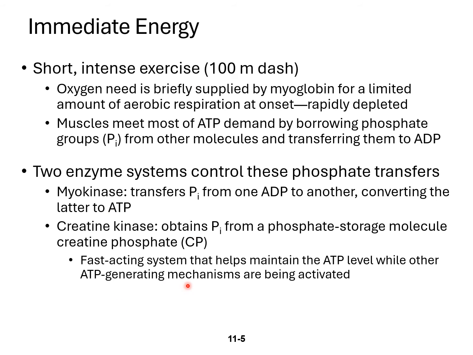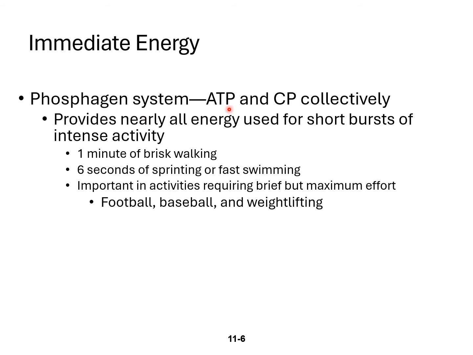They're not in red. This is just telling you that there is a step between aerobic and anaerobic. In the phosphagen system, the ATP and the creatine phosphate collectively provide nearly all energy used in short bursts of intense activity.